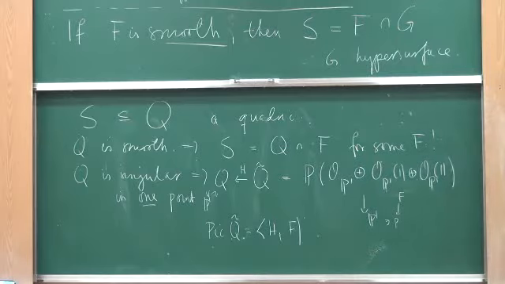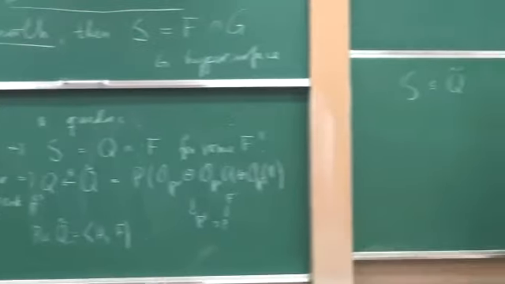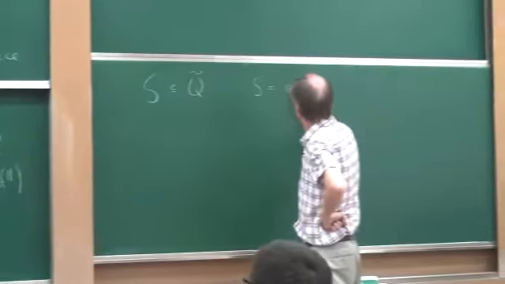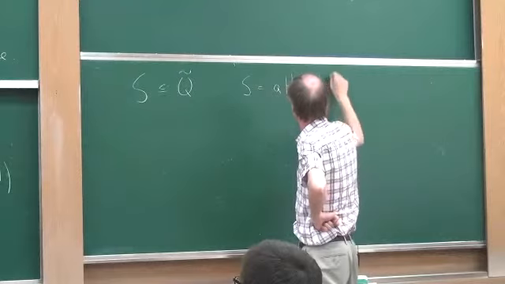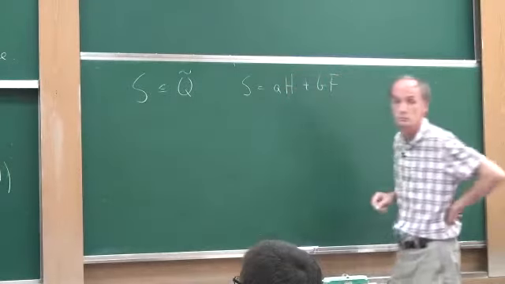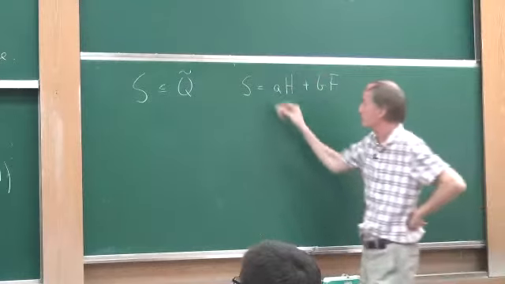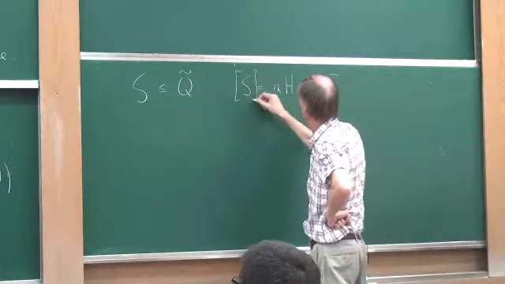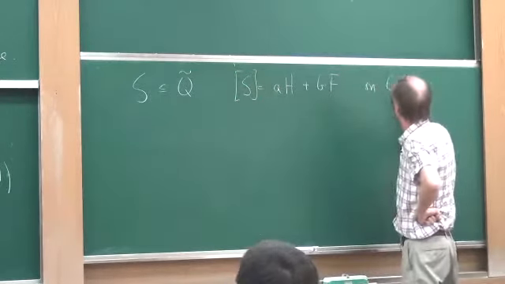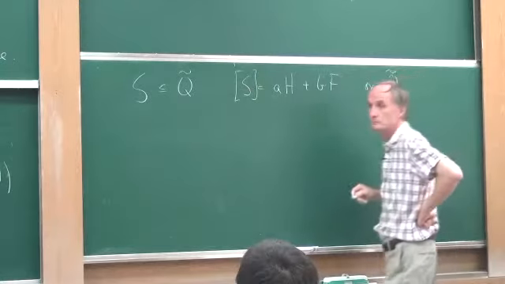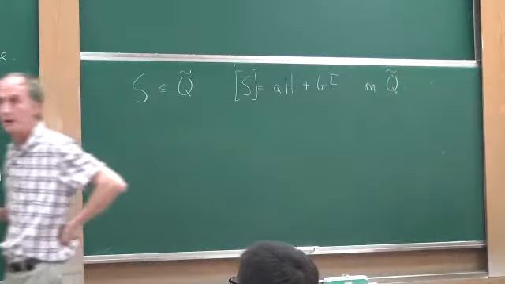So therefore, if I have a surface S in Q tilde, then S is some A times H plus some B times F. The class of S, I should say, on Q tilde, as in the Picard group.